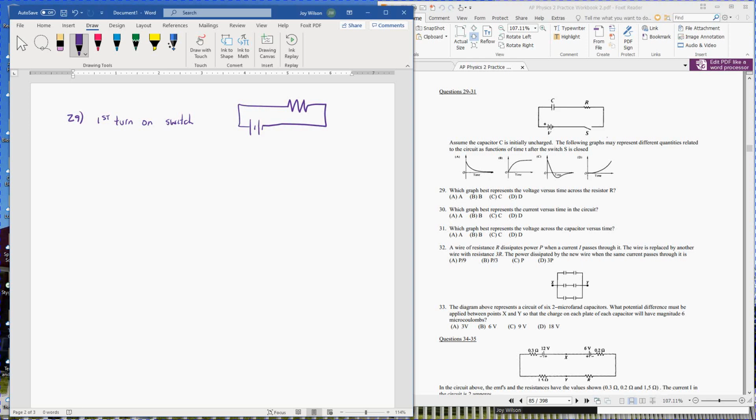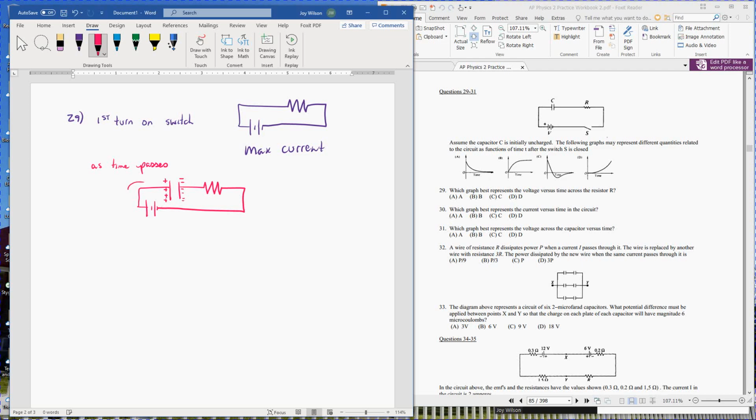So you start with maximum current, and then as time passes, now we've got a situation where we've got some charge starting to build up on each plate. So now we've got some positive charges here, and this one the positive charges have run off, so it's become negative.